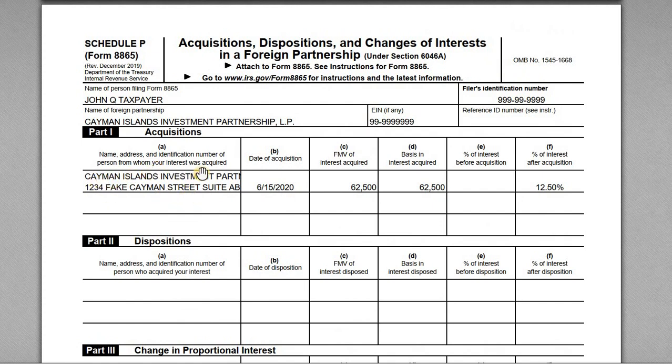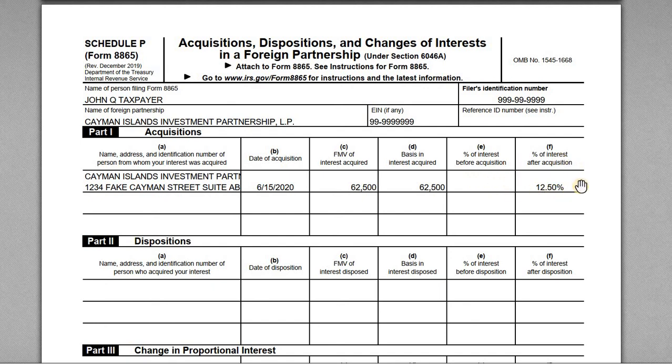So I'm going to re-enter the partnership name there, the date that we contributed capital, the amount of the FMV of the interest acquired, and it's the same as their basis, right? So I put $62,500 in, and I got $62,500 worth of membership units in the same transaction. Okay. Now, percentage interest before the acquisition, 0, right? Because I'm a new partner.